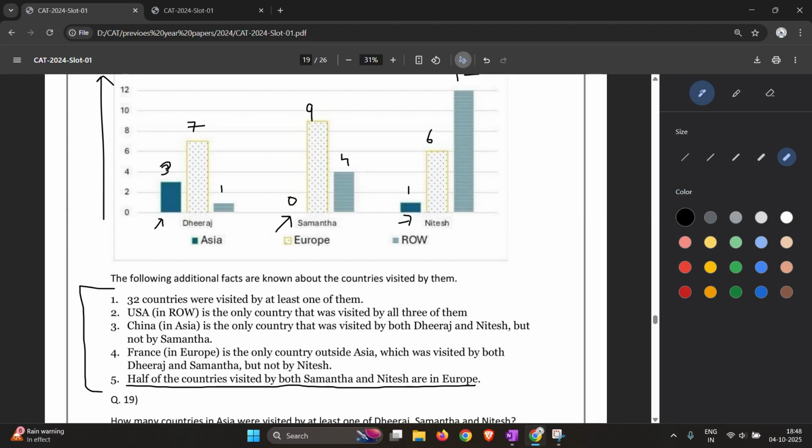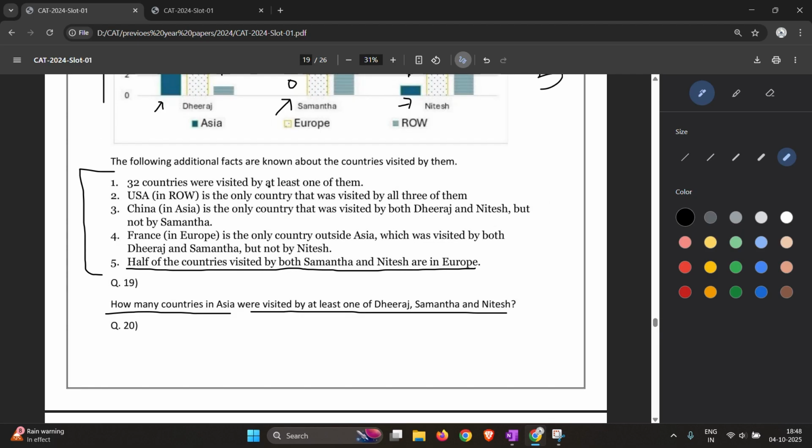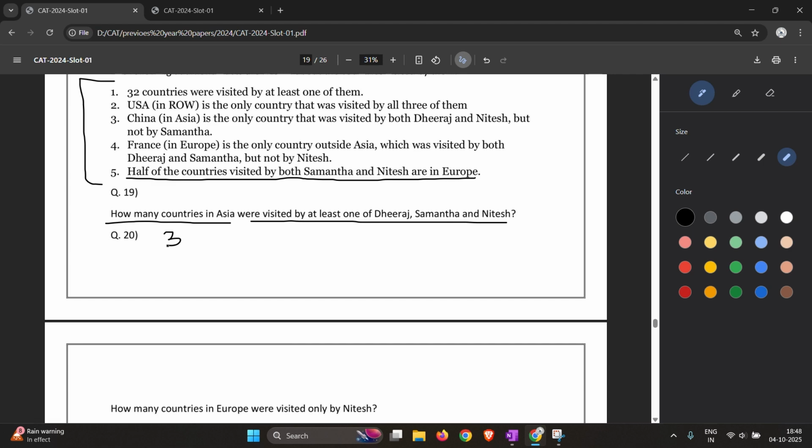So we know that in this three, we are double counting one country. Sorry, so there are actually four total Asian visits, but two of them are repeats. So there are only two countries that are actually there. Sorry, three countries that are actually there, which were unique and visited by at least one of them. So the answer for this is three.